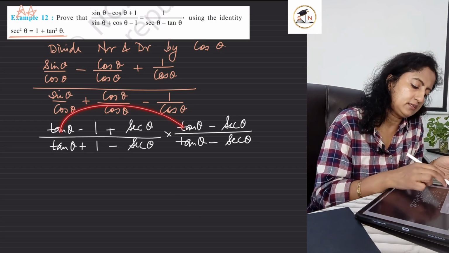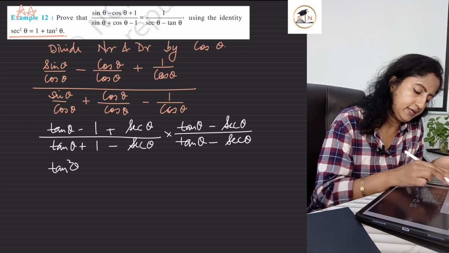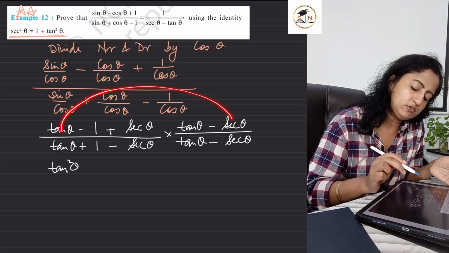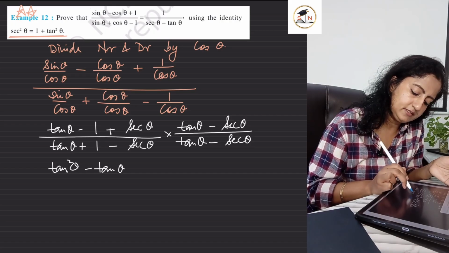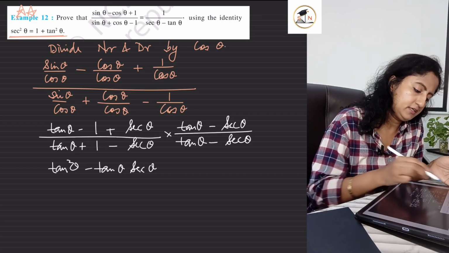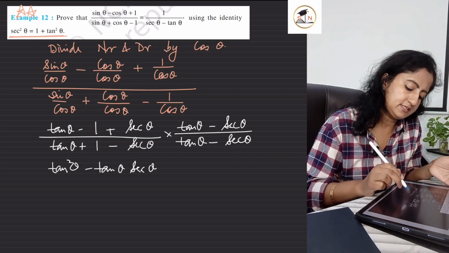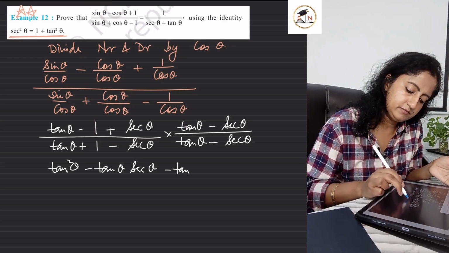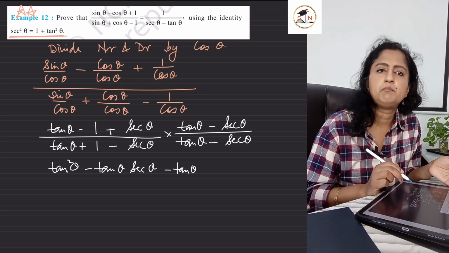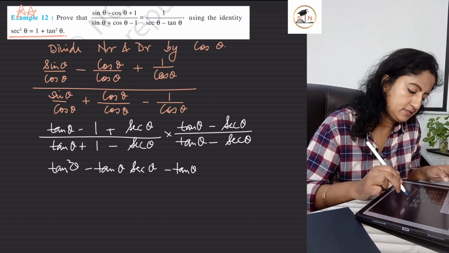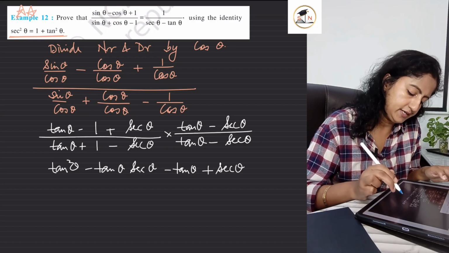Tan theta into tan theta gives tan square theta, right? Tan theta into sec theta gives me minus tan theta sec theta, right? Then minus 1 into tan theta gives us minus tan theta. Next, minus 1 into minus sec theta gives plus sec theta, right?